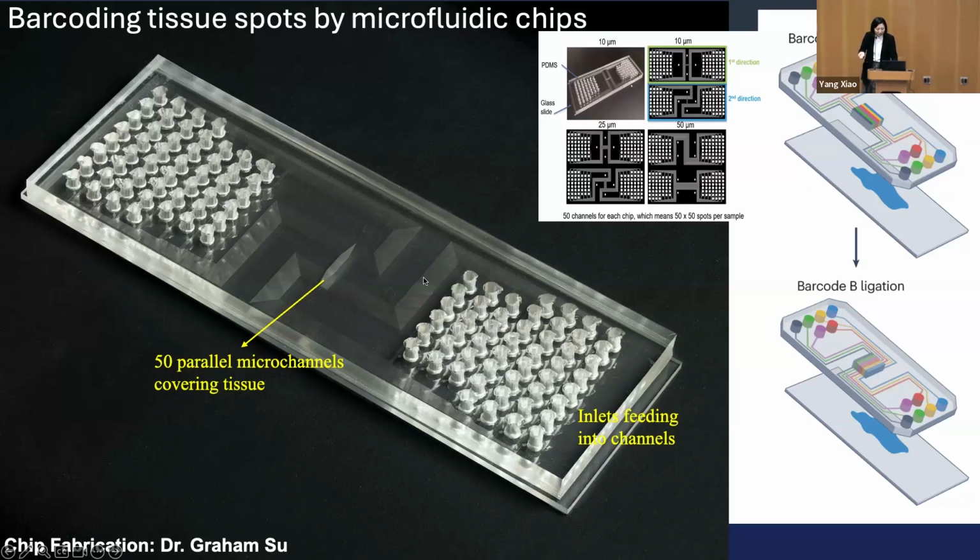Then we manually load each spatial barcode at this side and apply vacuum at the other side. So this small spatial barcode will flow in, become suction, and then you will incubate with the tissue to be added to the open chromatin. And this is how the barcoding works.